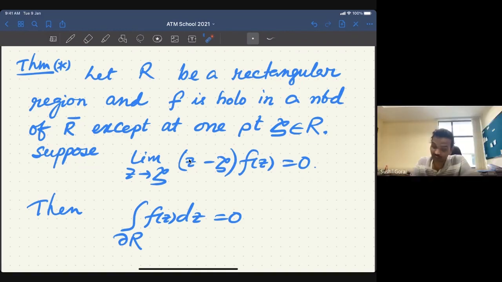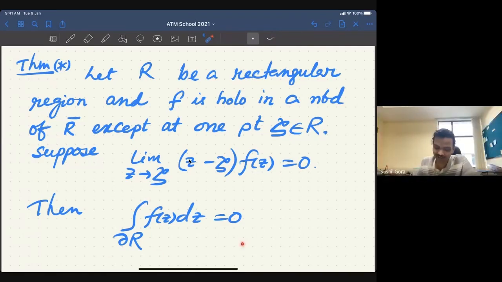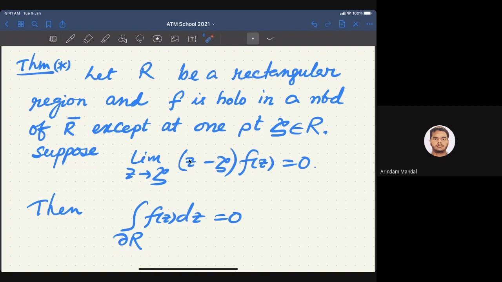Exactly. But actually we are not talking about the removable singularity as you defined. If you take this limit, then you have to show something, that there exists a holomorphic function. That part is required. And this is how we would show this is holomorphic, by Morera's theorem. Yes, circular argument.